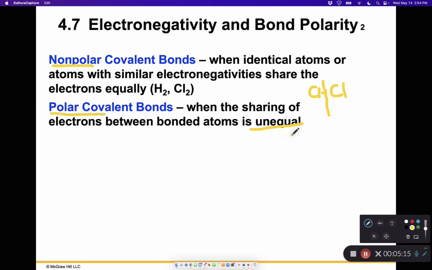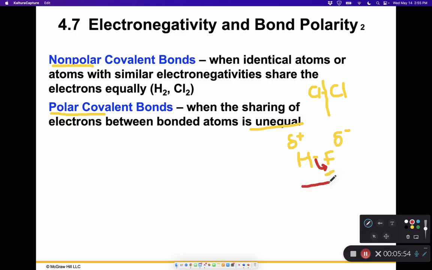Polar bond means one side is more deficient in electron cloud and the other side is more rich in electron cloud. For example, take a molecule of hydrogen fluoride. I just told you that fluorine is very possessive in nature. It shares the electrons with hydrogen, but being more possessive, it attracts the electrons more towards itself.